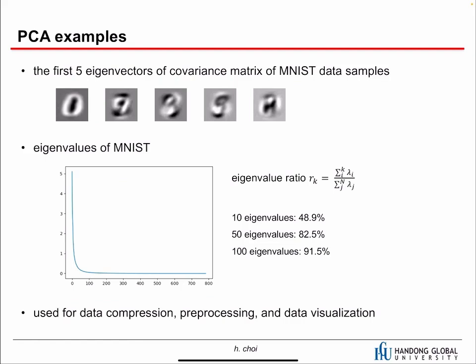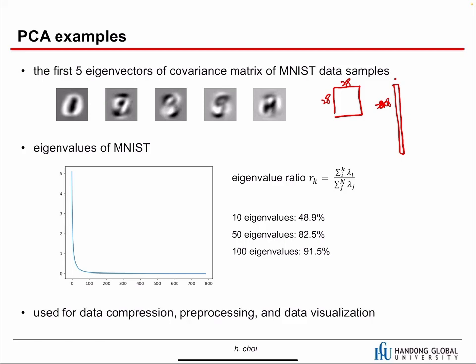Now let's take some examples. The first five eigenvectors of the covariance matrix of MNIST data samples look like this. One MNIST data sample is a 28 by 28 matrix, but when we consider data samples, we just use a vector, a 28 by 28 times 1 dimensional vector.